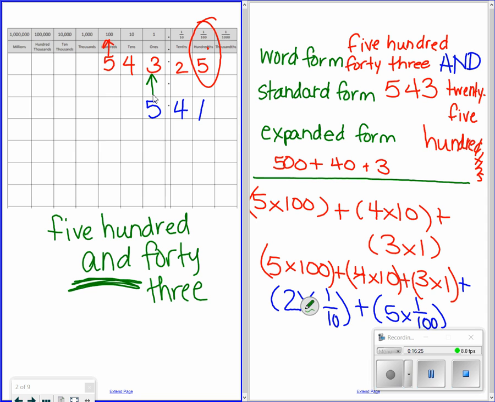So it's 5 times 1, plus. And then the 4, I've got people writing down 4 times 10. Well, 10 is way over here. There's a 10 in there, but is that 10? No. This is 4 times 1/10.